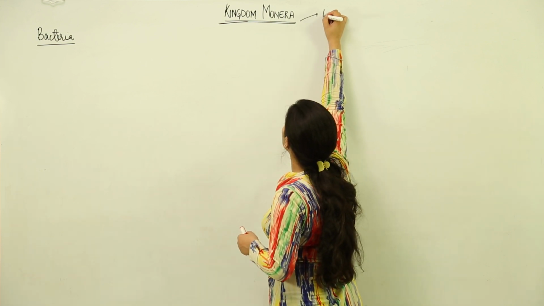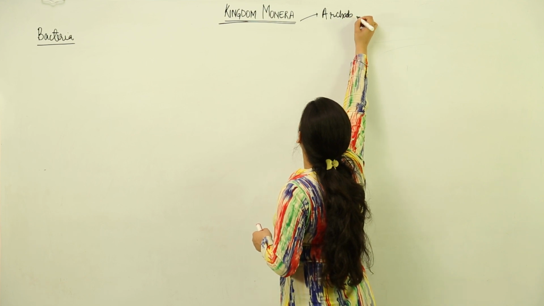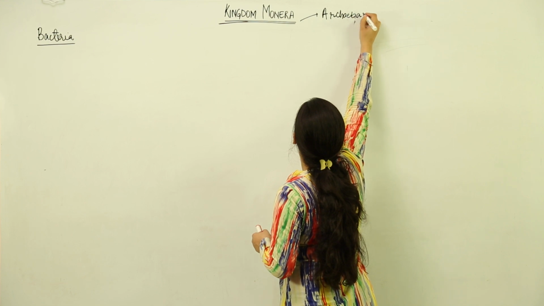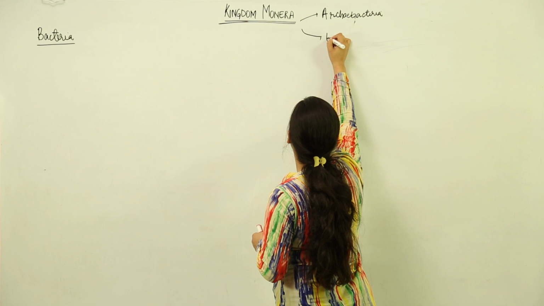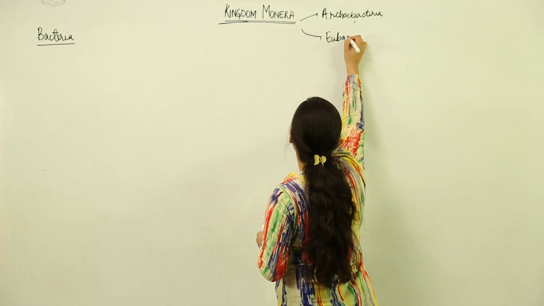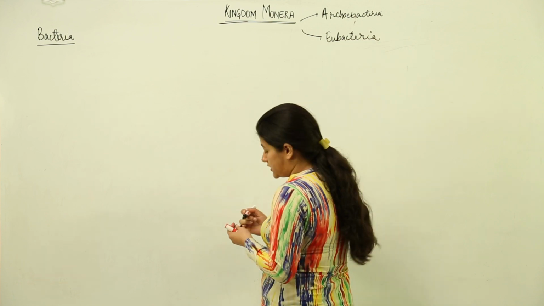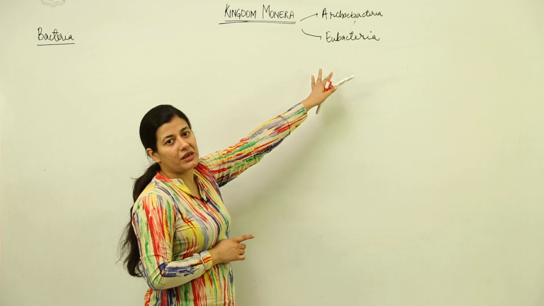One is Archaea Bacteria and the other one is Bacteria. Now over here also, keep the bacteria part aside and see what is hidden in the words. What is hidden in the case of the first classification, that is Archaea Bacteria?